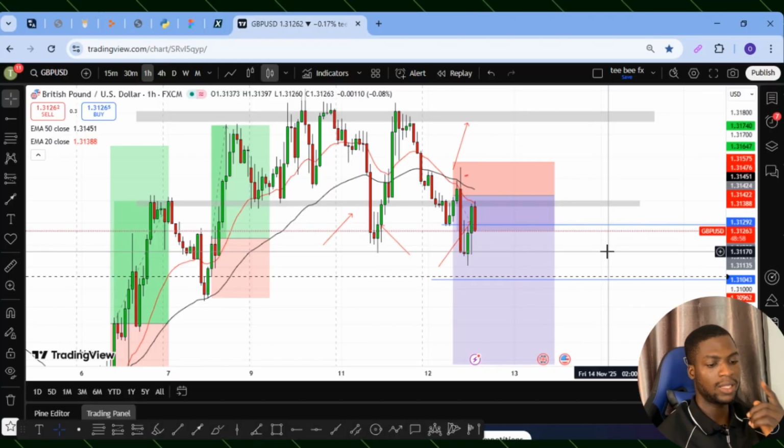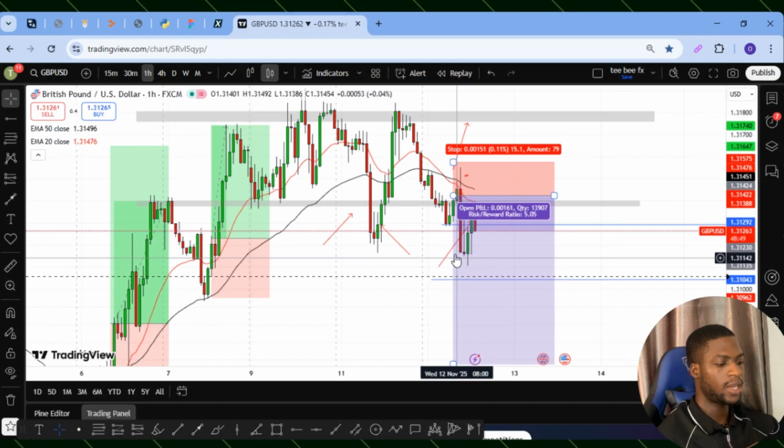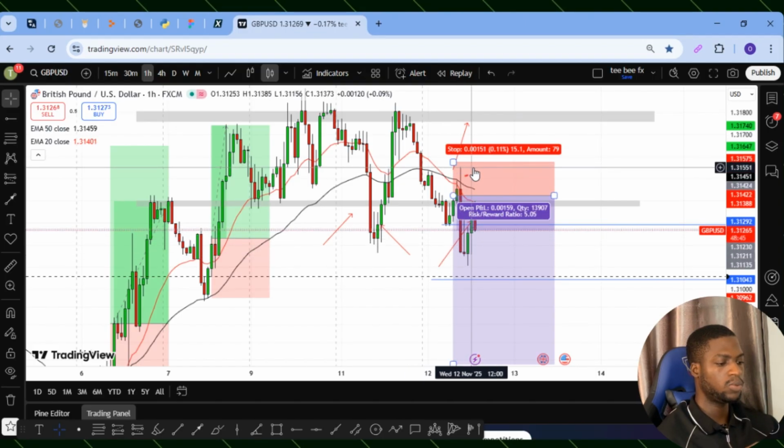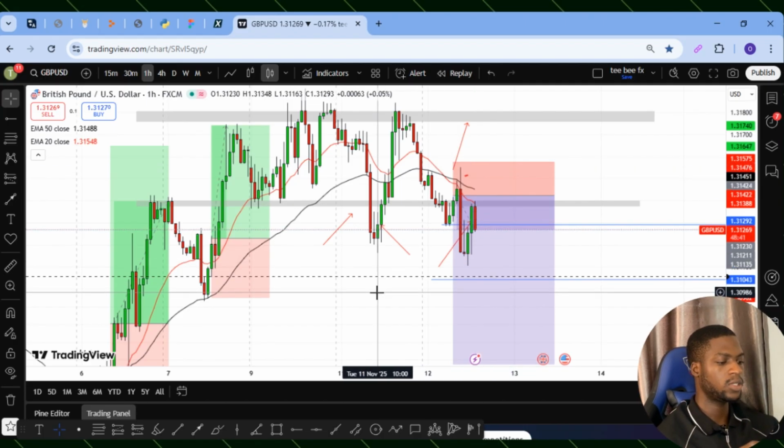So I'm going to reduce my stop loss to like 15 pips from the top. The entries that I had at the bottom somewhere around here are going to be around 20 pips stop loss. So that's how I'm going to do it. Let's see how it plays out.